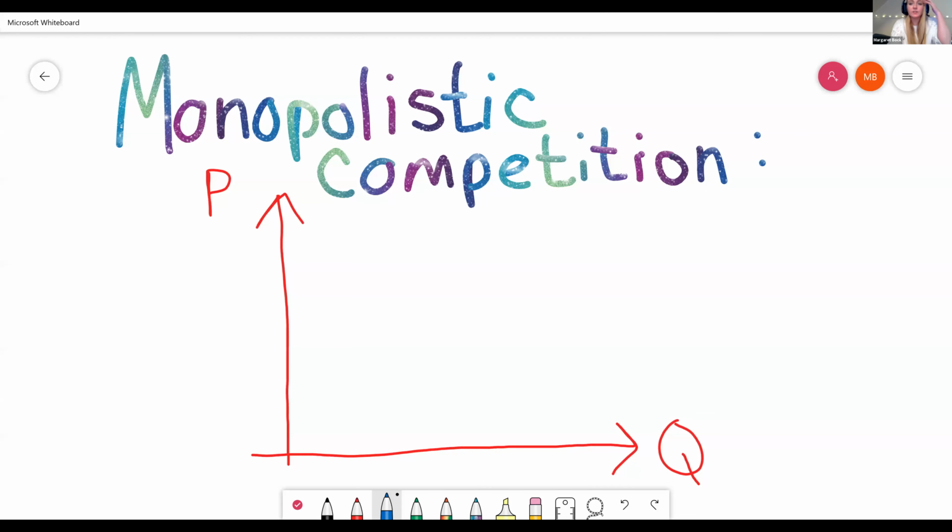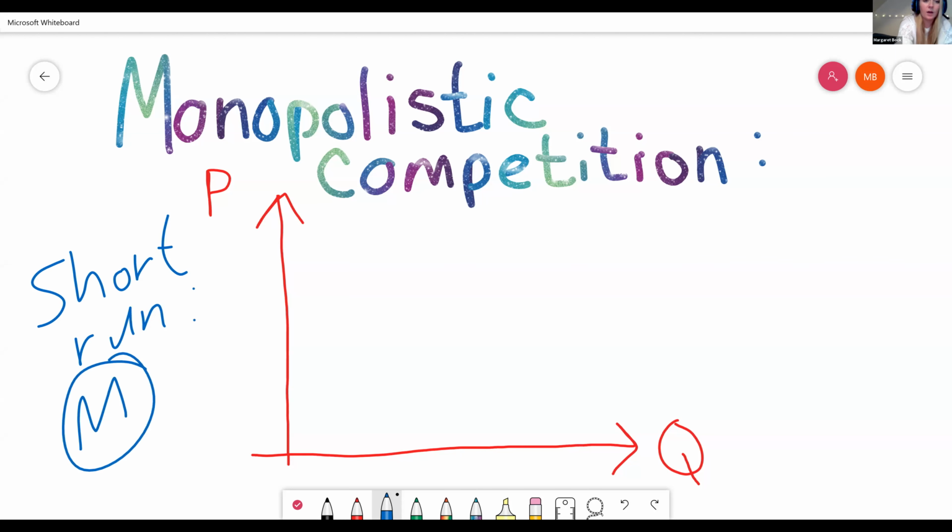Okay, so I have this whiteboard drawn up so we can go through and review how a monopolistic competitor will choose its price and quantity in the short run. Again, in the short run, a monopolistic competitor is going to behave exactly like a monopoly would.